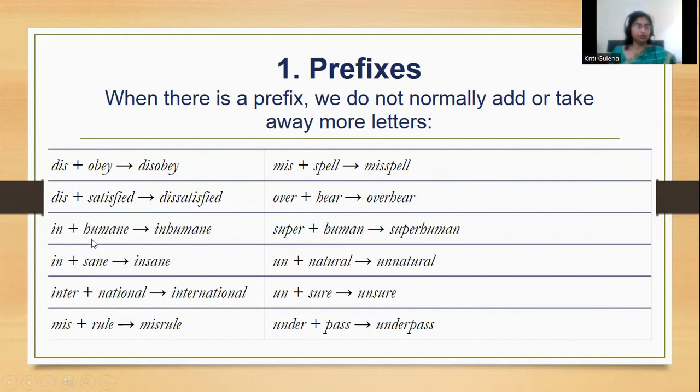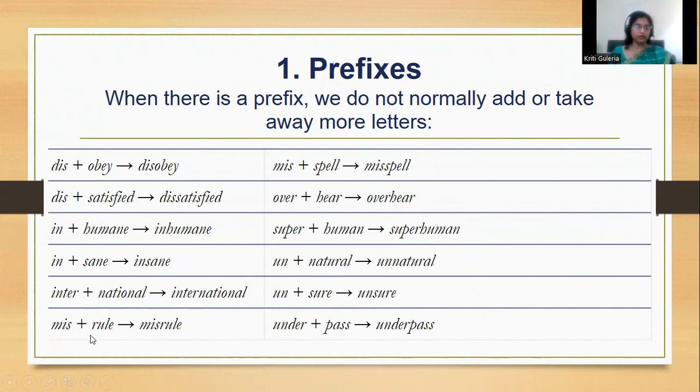Next word being humane, we are adding in to it, so it becomes inhumane. Similarly, when in is added to the word sane, the new word becomes insane. Next, the word is national, but if we are adding prefix inter, the new word will become international.